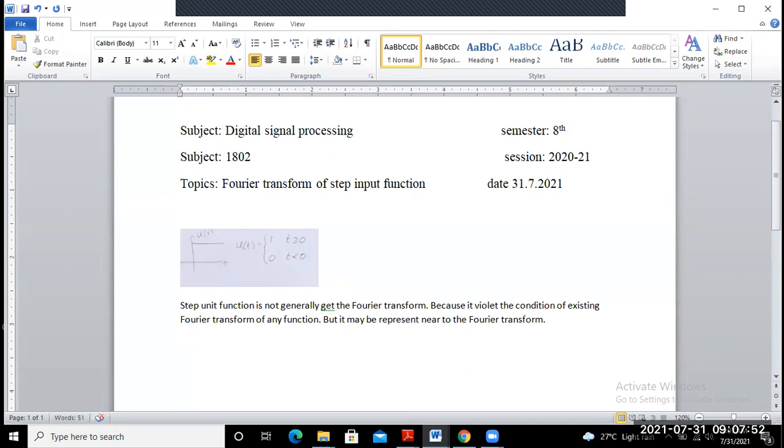Okay, so suppose we represent this function u(t) as a function of cos omega naught t u(t). Consider that omega naught tends to 0, then x(t) equals u(t).